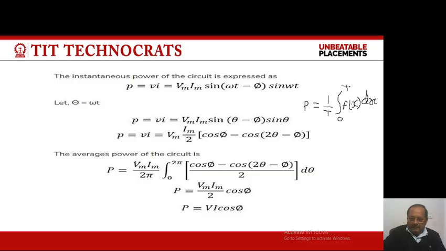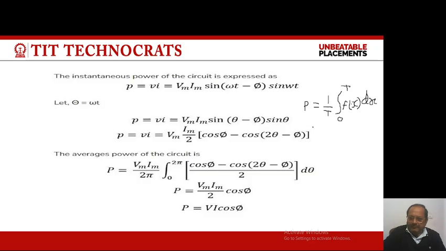Then this equation is calculated in this form. The limits are 0 to T, and the value of f(x) is this value, which is the function of power.